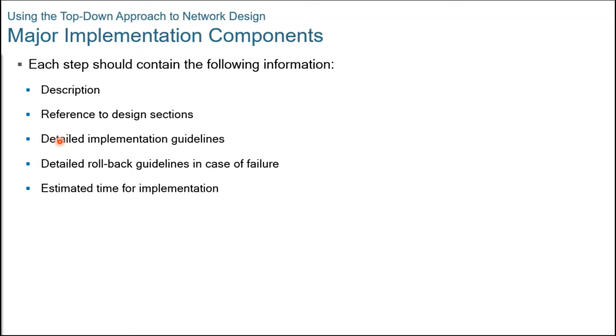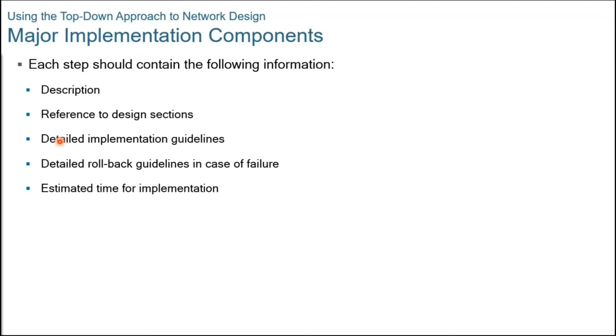If the design is composed of multiple complex implementation steps, plan to implement each step separately rather than all at once. That's what I was saying earlier. In case of failure, incremental implementation reduces troubleshooting and reduces the time needed to revert to a previous state.